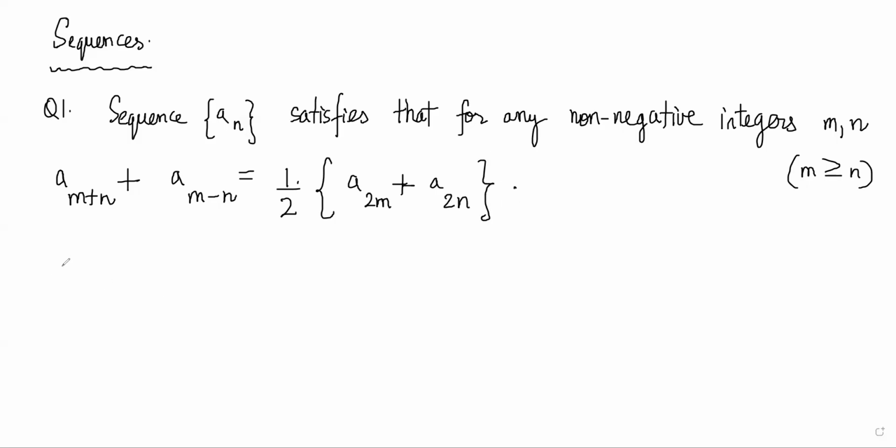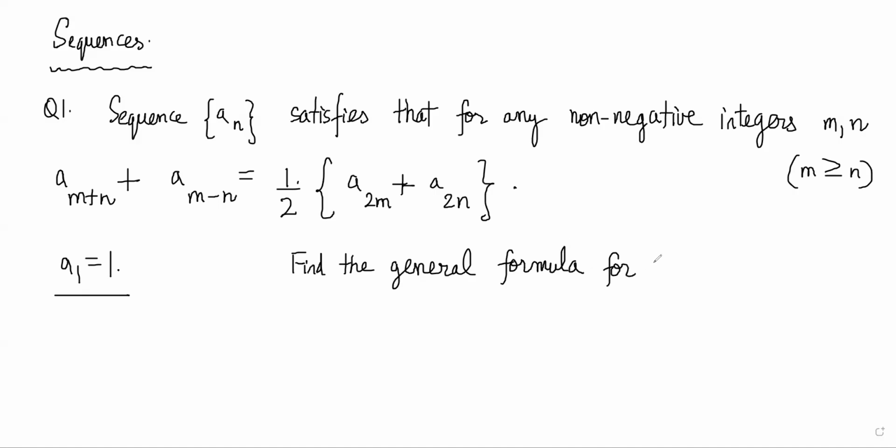It is also given that a of 1 is 1. You have to find the general formula for the sequence.